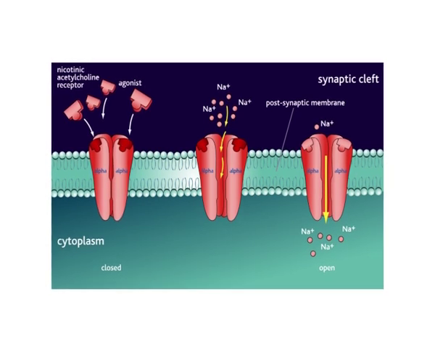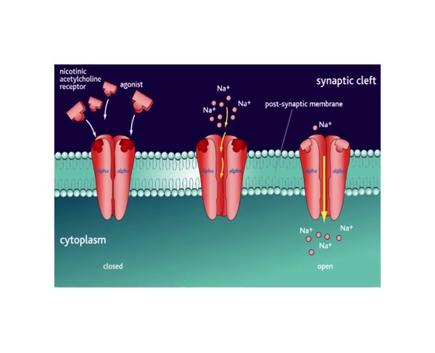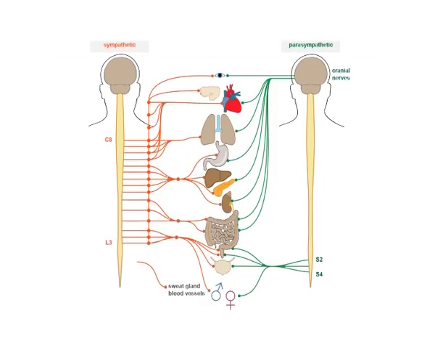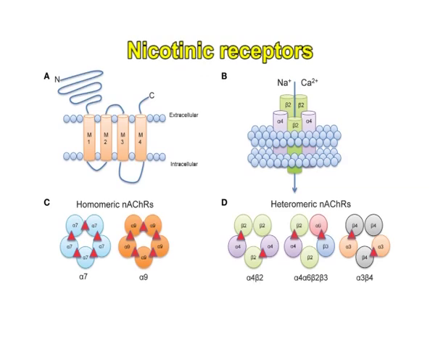Nicotinic acetylcholine receptors are found on skeletal muscle, but also within the route of transmission for the parasympathetic and sympathetic nervous systems, which together comprise the autonomic nervous system. More specifically, nicotinic receptors are found from presynaptic to postsynaptic cells.